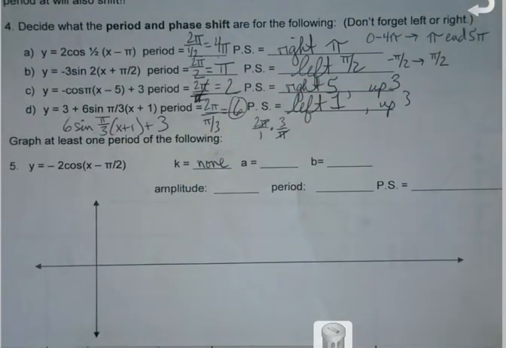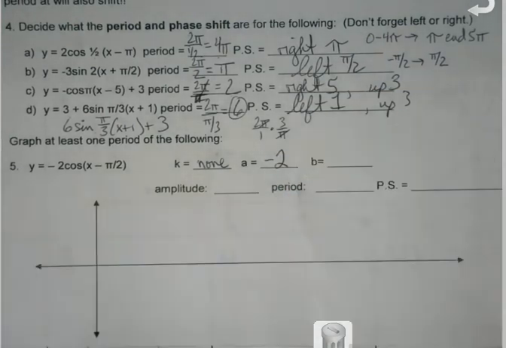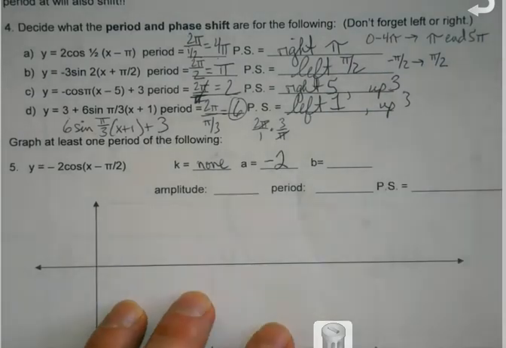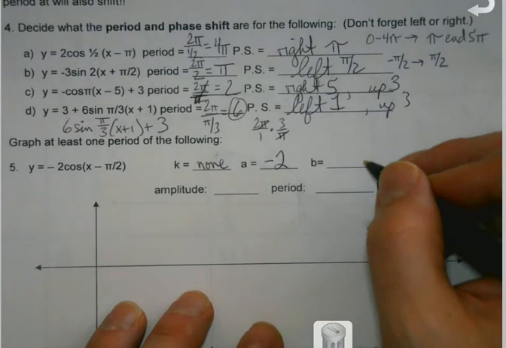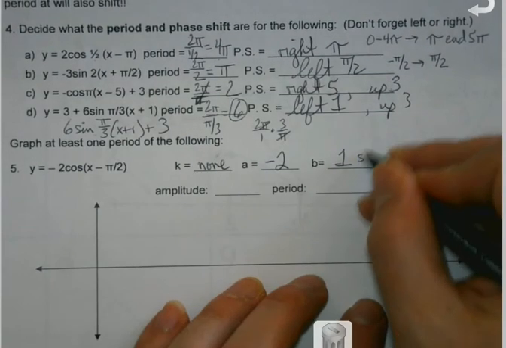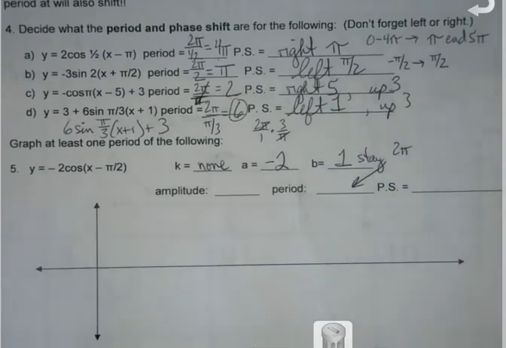I do have an A value, though. That -2 is going to be my value working there. Then my period didn't really change at all, so it's just 1. So that's going to stay at 2 pi for my period.